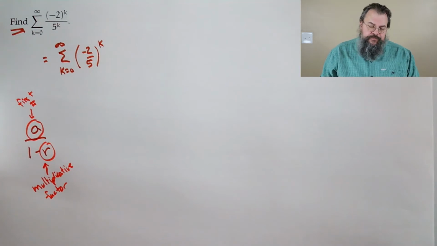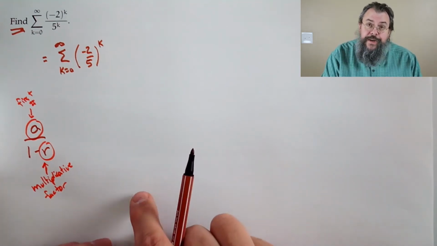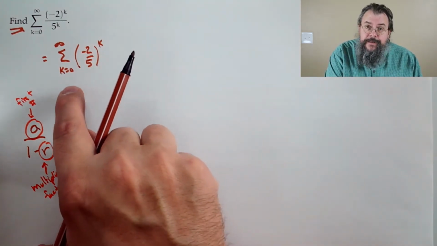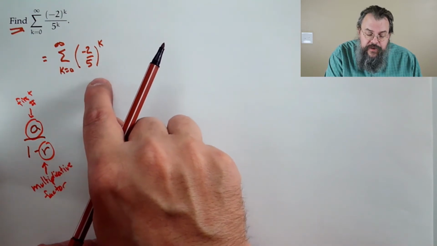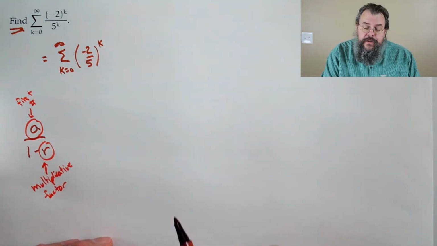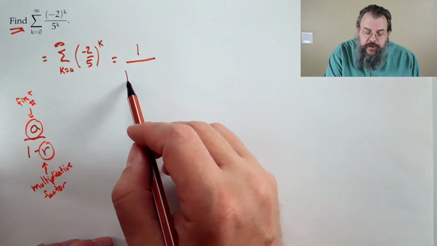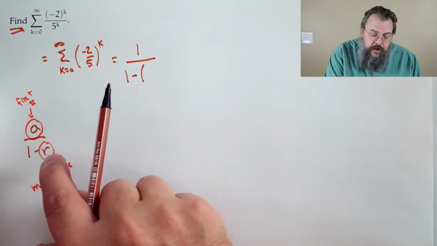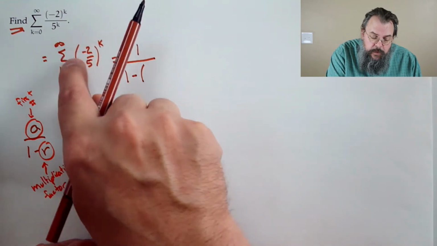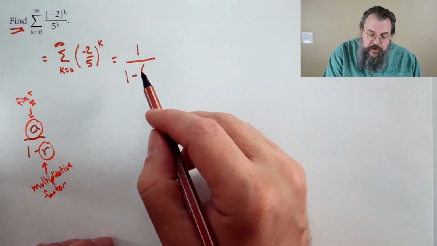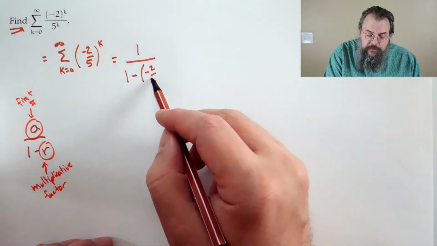Life is good. Now, what's our first term? Plugging k equals 0, minus 2/5 to the 0 is 1. So this is 1 over 1 minus r, and r is what's being raised to the k, so minus 2/5.